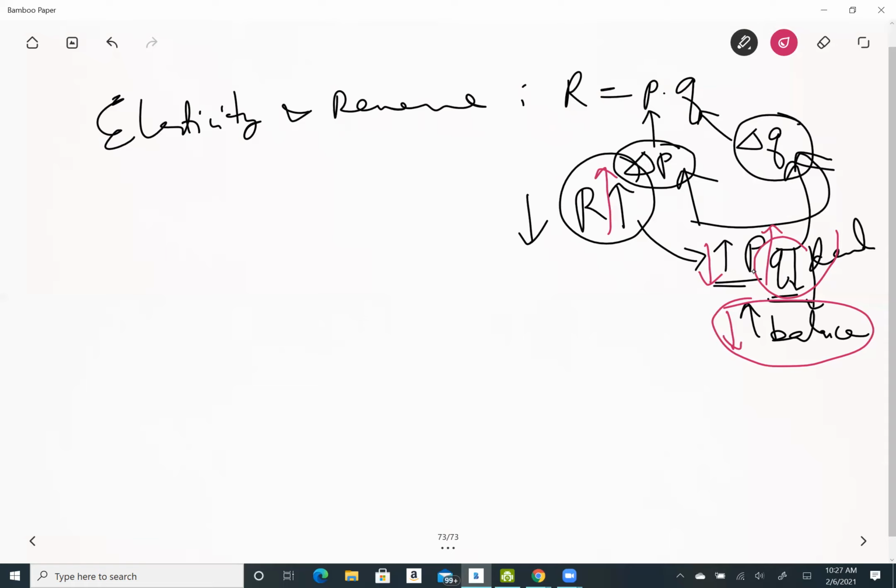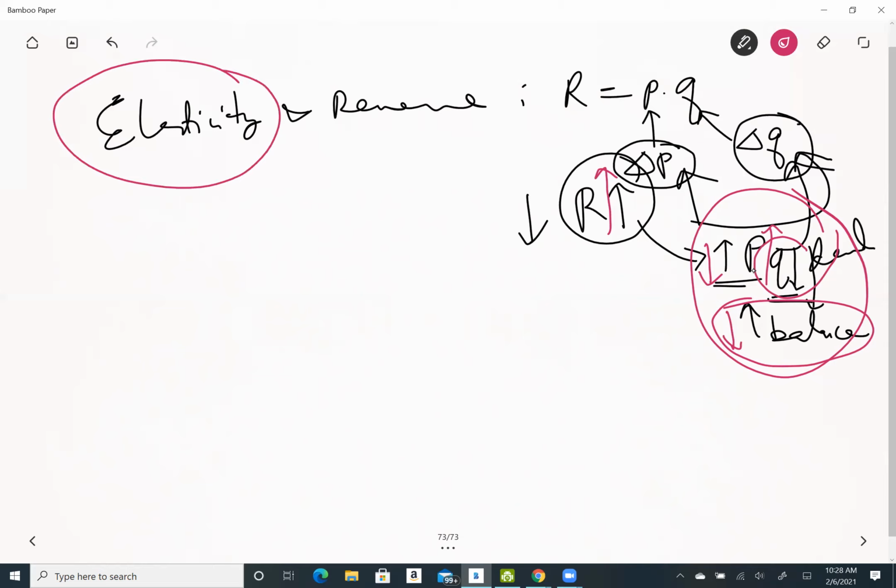If the quantity is going up by a much higher magnitude, then what happened to revenue? Revenue will go up. So, having understood the relationship between the change in the price and the change in the quantity, which affects revenue, you want to relate to elasticity.